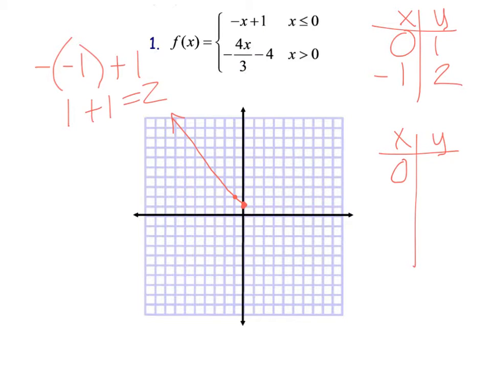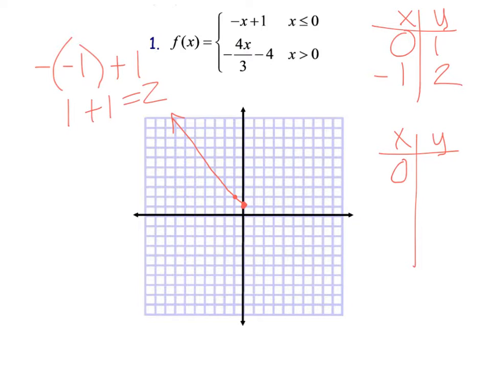So I want something greater than 0 that's going to give me a whole number. If you need to, you can guess and check. I tried 1. If I tried 2, 4 times 2 is 8, divided by 3 would still give me a fraction. If I plugged in 3, 4 times 3 is 12, divided by 3 gives me a whole number. So that's what we're going to use. You could use 1 or 2, which give you a fraction, but it's more difficult to graph.